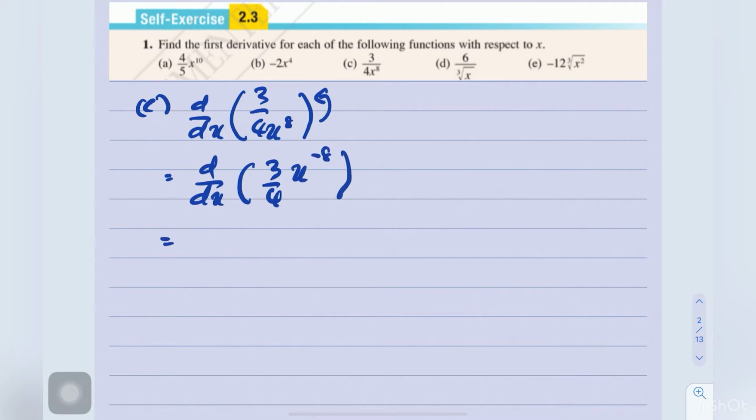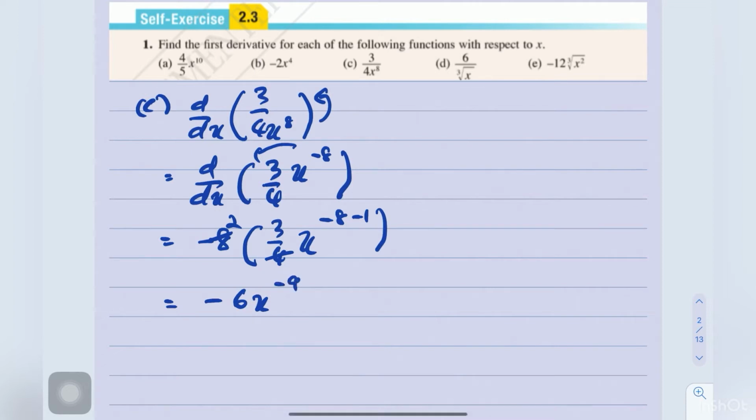Then you differentiate, we get negative 8 times 3 over 4 x to the power of negative 8 minus 1. So this one we get negative 6x to the power of negative 9, or more properly, negative 6 over x to the power of 9.